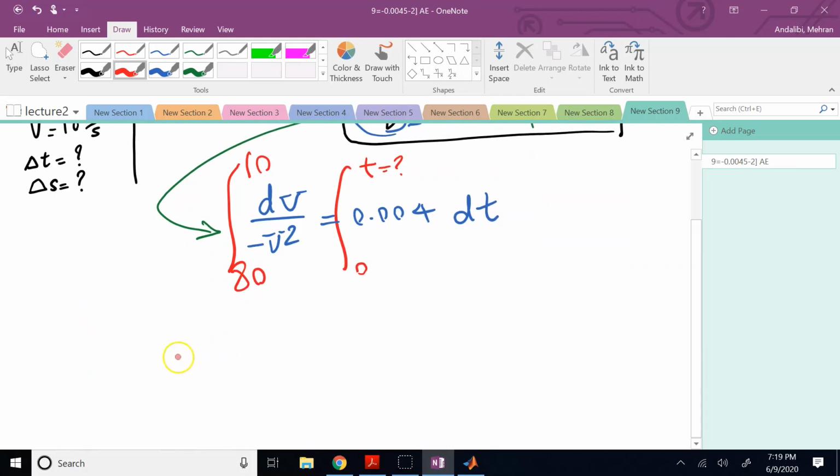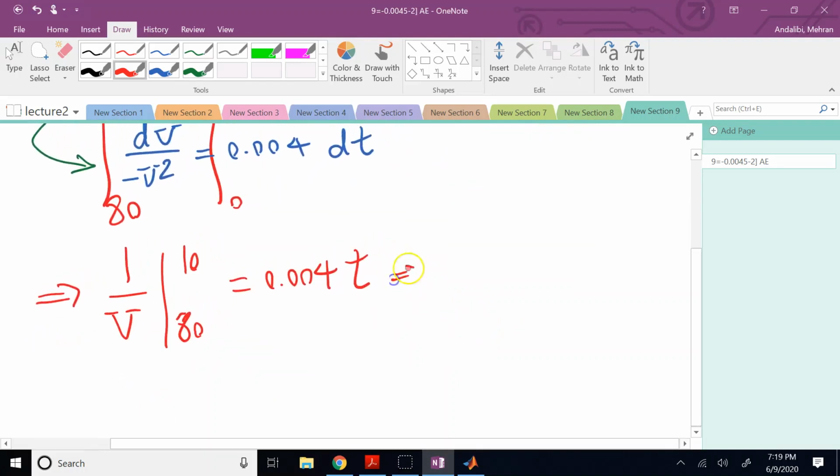Okay, and now if I integrate, what happens? What is the integral of negative 1 over v squared? Yes, that's 1 over positive v, calculated at 10 and 80 and subtracted. And this is going to be 0.004 t. So if you continue, it is going to be 1 over 10 minus 1 over 80, equal to 0.004 t.